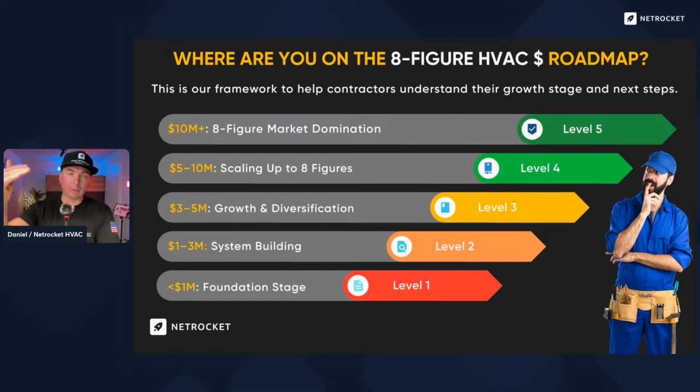So I define 5 levels. The basic level is level 1, the foundation stage, where we are hitting the first million, and then we go to level 2, the 3 million level, then the 5 million level, and then from 5 to 10, scaling into 8 figures. With 8 figures and more, we're going to dominate the local market or several markets around your area.